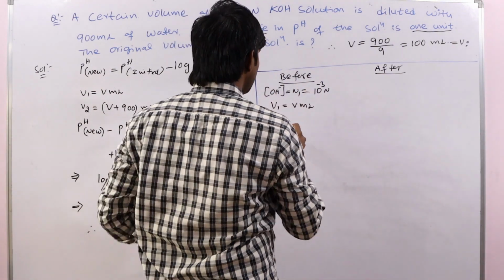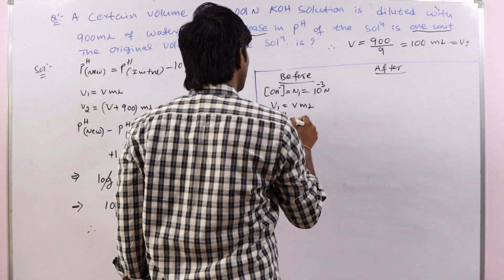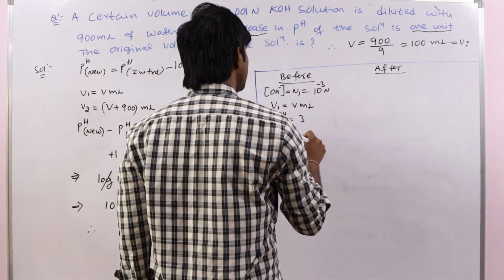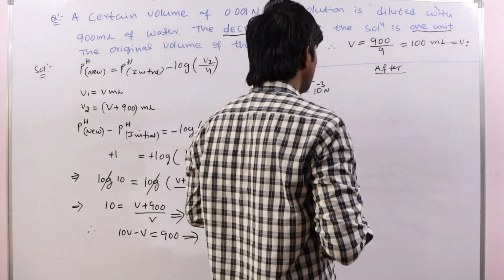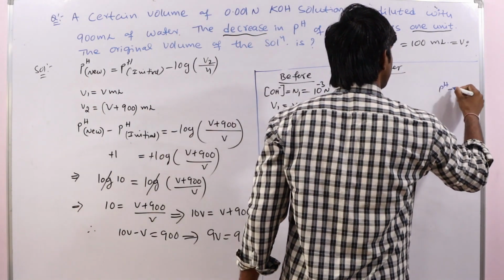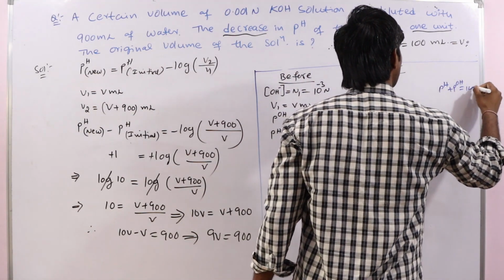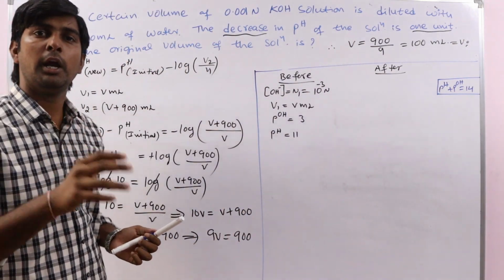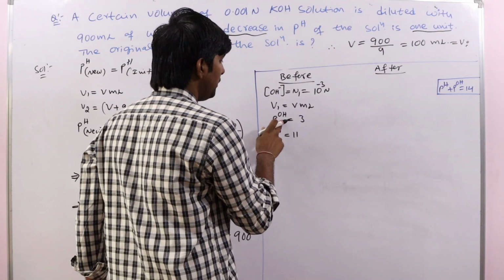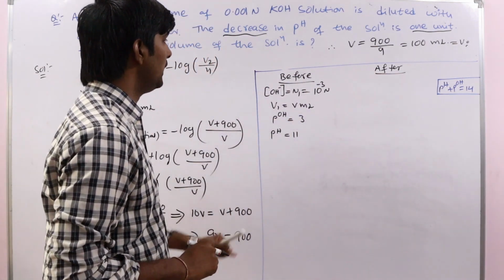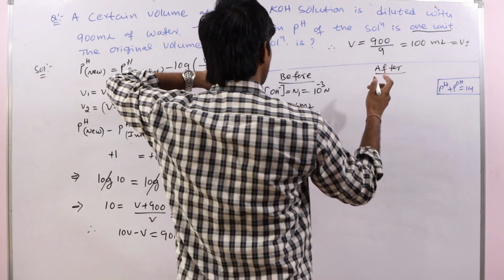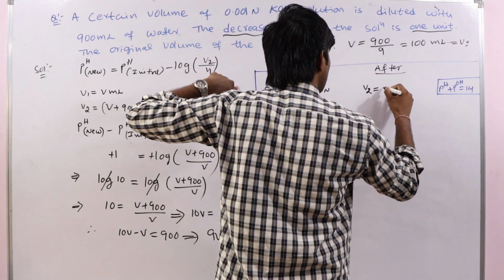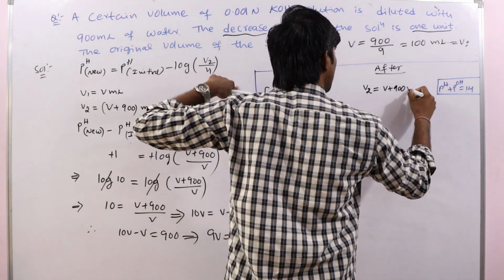See here, OH minus ion concentration is 10 power minus 3 means pOH equal to 3. Yes or no? And pH is equal to how much? 11, because we know this relation pH plus pOH is equal to 14. Already we discussed pH plus pOH equal to 14 at 25 degrees centigrade. So pOH 3 means pH will be 11. Next, after dilution, volume V2 is equal to V plus 900 ml.